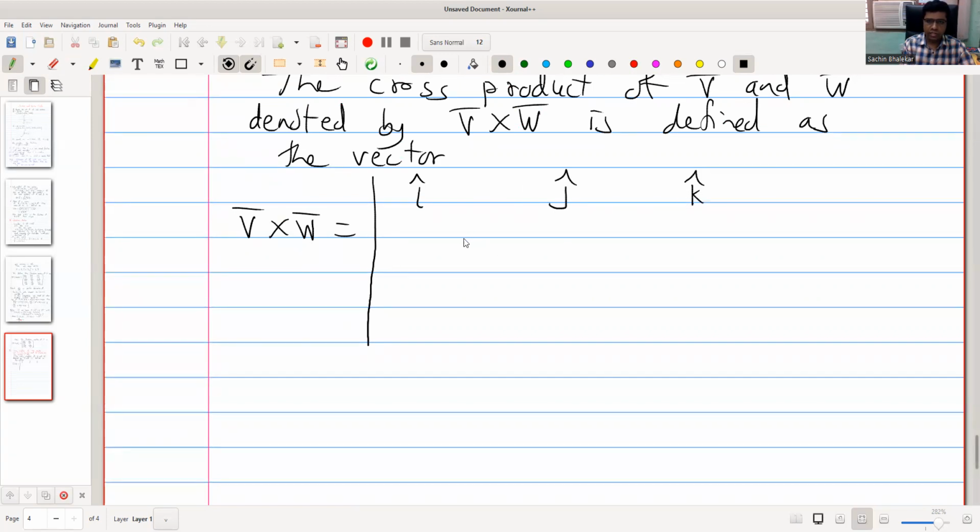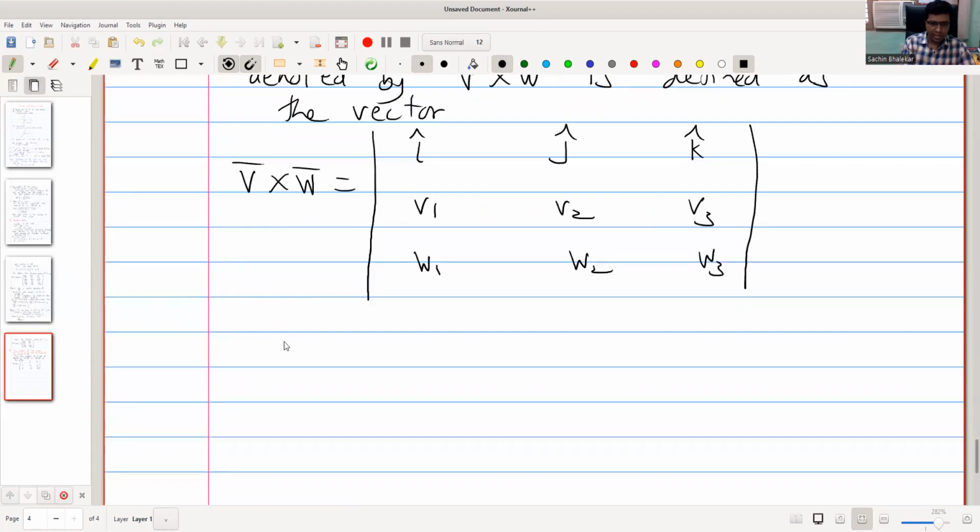Second row is coordinates of V bar, that is V1, V2, V3, and third row is coordinates of W bar, that is W1, W2, W3.